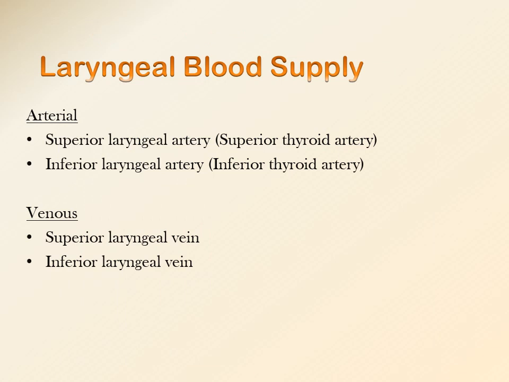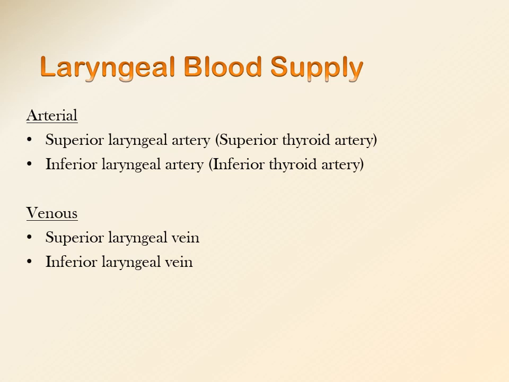Blood supply of the larynx come from two arteries. artery الأول هو superior laryngeal artery اللي هو branch من superior thyroid artery. superior thyroid artery come from external carotid artery.